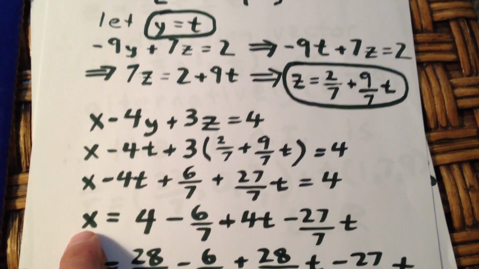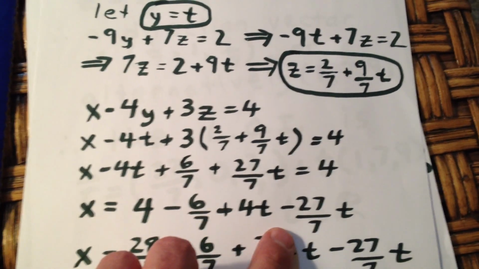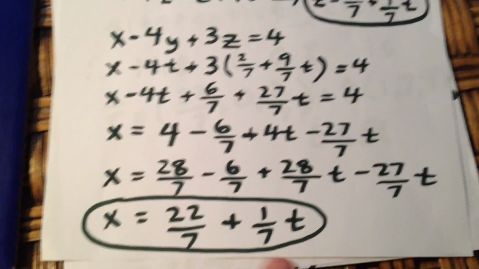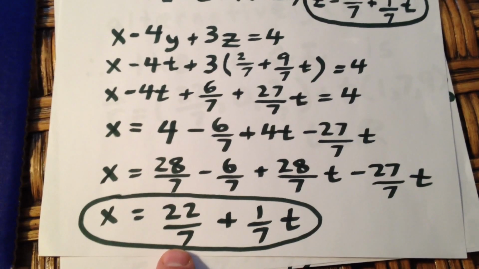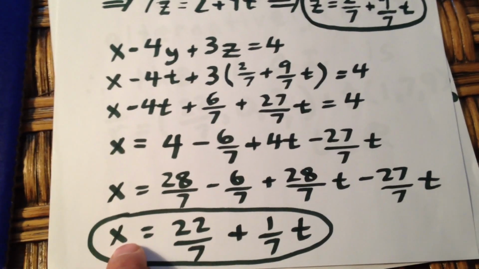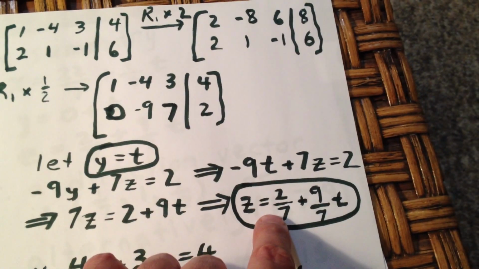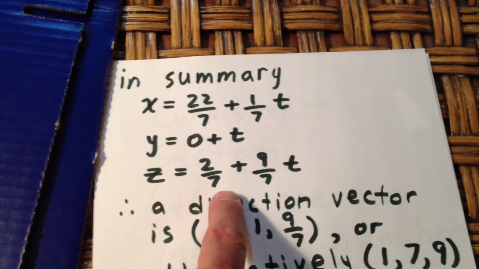Isolating the x leads to x equaling 4 minus 6 sevenths plus 4t minus 27 sevenths t. Using some common denominators, we end up with an expression for x of 22 sevenths plus 1 seventh t. So now we've got three parametric equations, a parametric equation for x, a parametric equation for y, and a parametric equation for z. So we summarize them as follows.